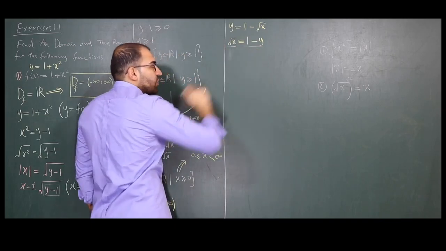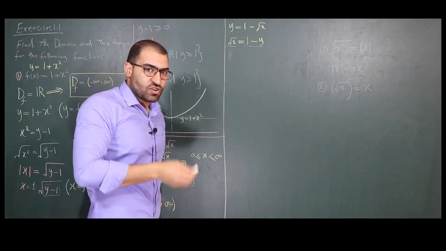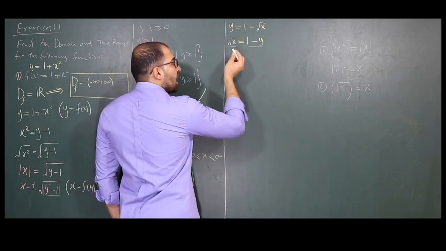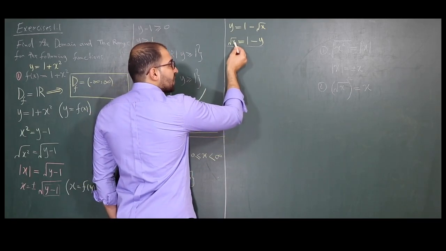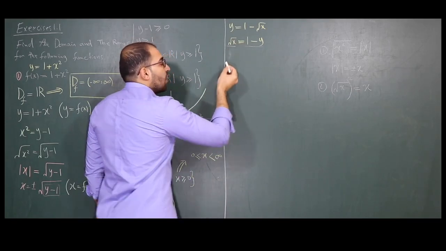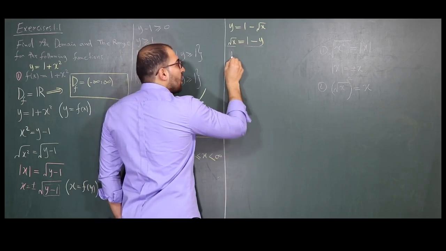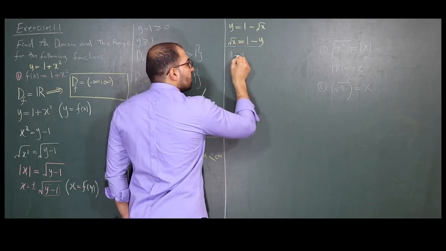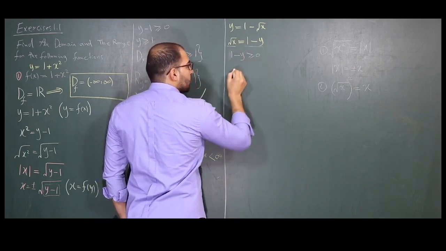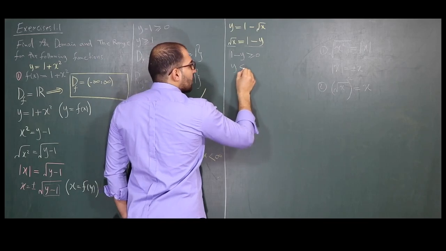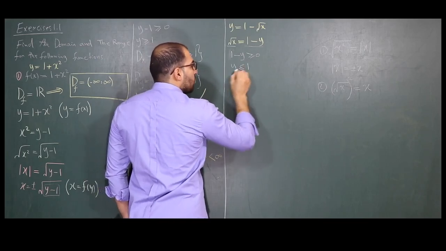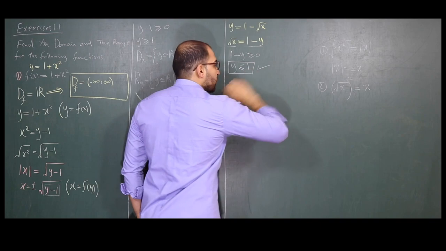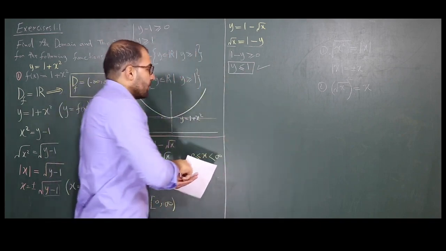As soon as the square root of x is always positive or 0, I can say that 1 minus y is greater than or equal to 0. So y should always be less than or equal to 1. I can find the range from here.